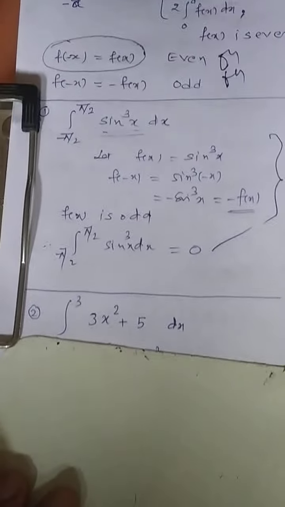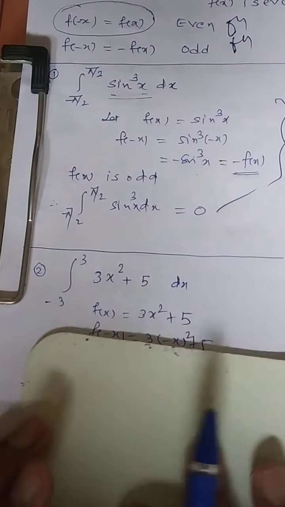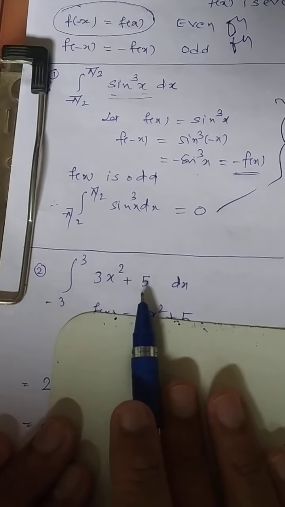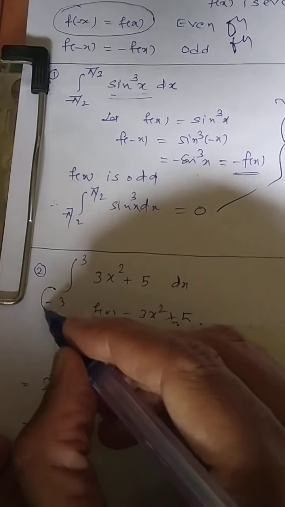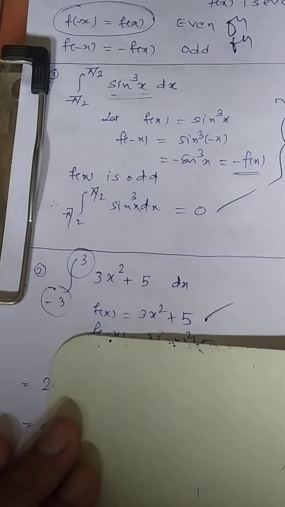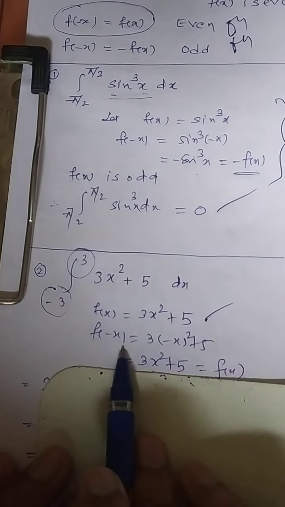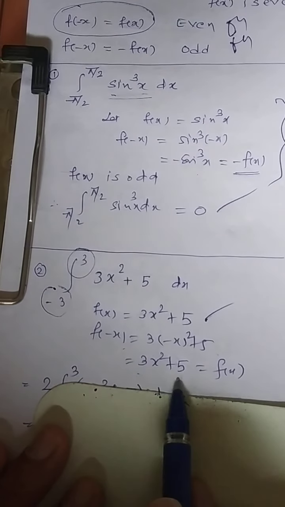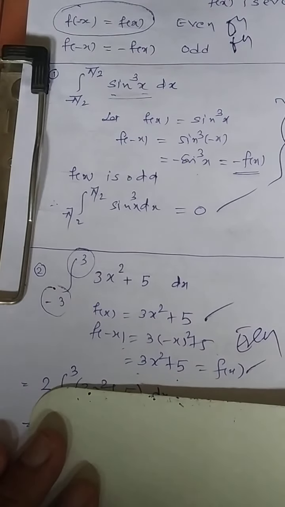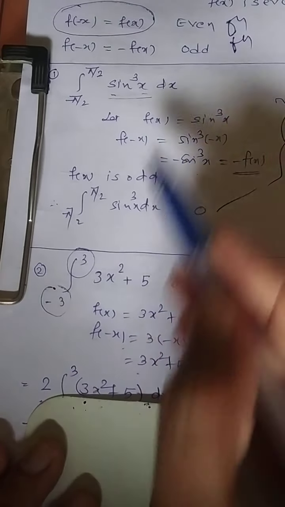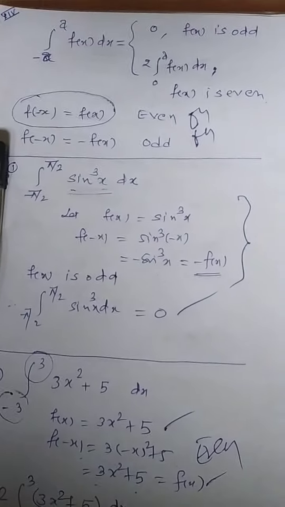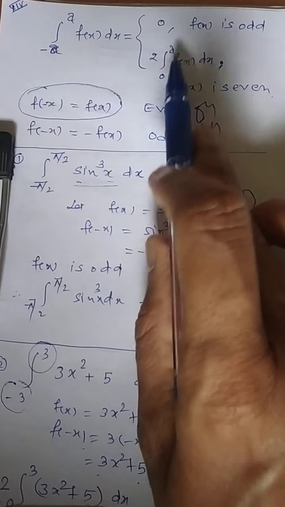Now another question. Again it is from minus 3 to 3 of 3x square plus 5x. You can solve this question by the routine method of integration. But if you wish to apply the property, these are the two things. Now I am taking the function. Here, x is replaced by minus x. Look here, the function remains the same. So this is nothing but an even function. For an even function, what should be the method? 2 times. Look here, I am showing one more time: 2 times, lower limit is 0, upper limit is 3.